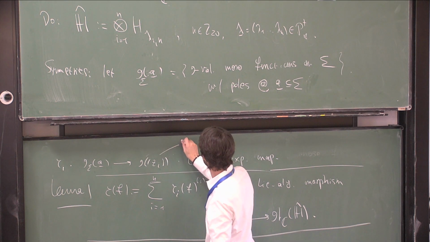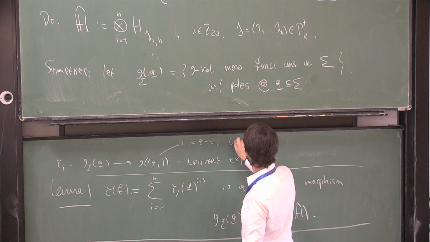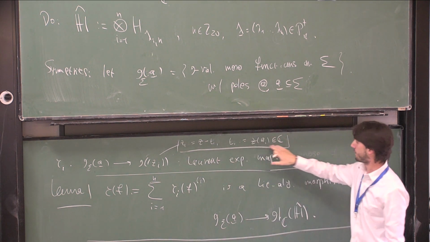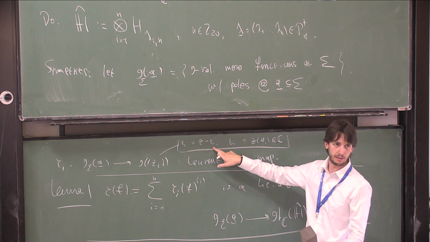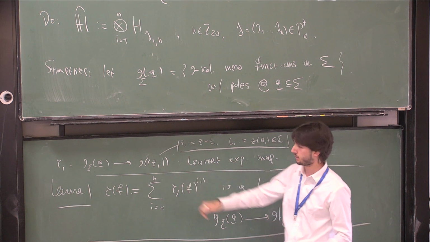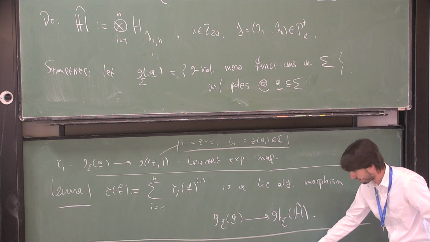So Zi is just Z minus Ti, and in turn Ti is the coordinate of the ith mark point. Because all points are at finite distance, I can take their coordinate. And then this is a local coordinate vanishing there, and so now this makes sense. Sorry. So here I am using explicitly this choice. There is some intrinsic way for doing it, but whatever. And so this in principle depends on this, okay?